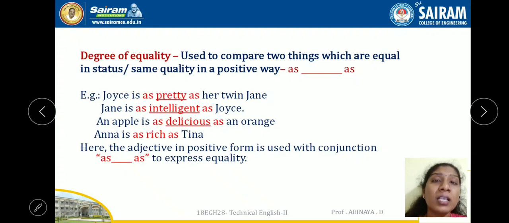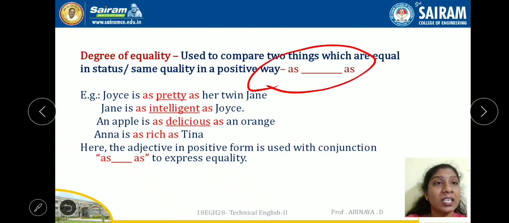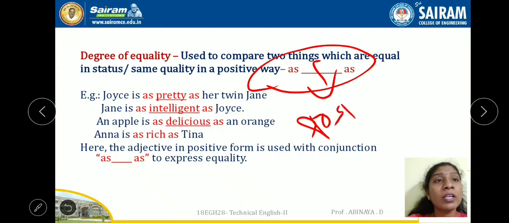So, showing the comparison between two nouns having the same status, equality, at that time we have to use this positive degree of equality. And while showing this positive degree of equality, you have to join a positive adjective with the conjunction as. So, here the positive adjective form has to come. Okay.